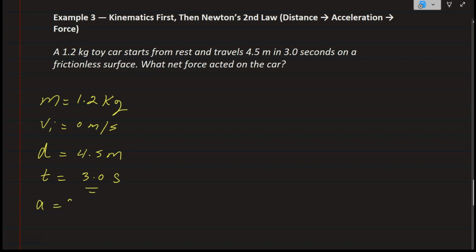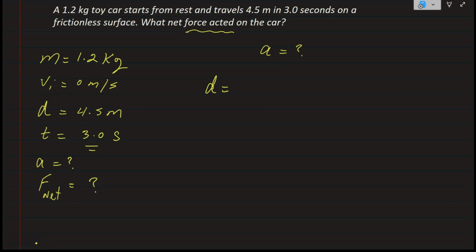We don't know the acceleration, and we want to know the force, which is F net. So the first thing we're going to do is solve for the acceleration. What are we going to use? The kinematics formula that involves the acceleration, distance, initial velocity and time.